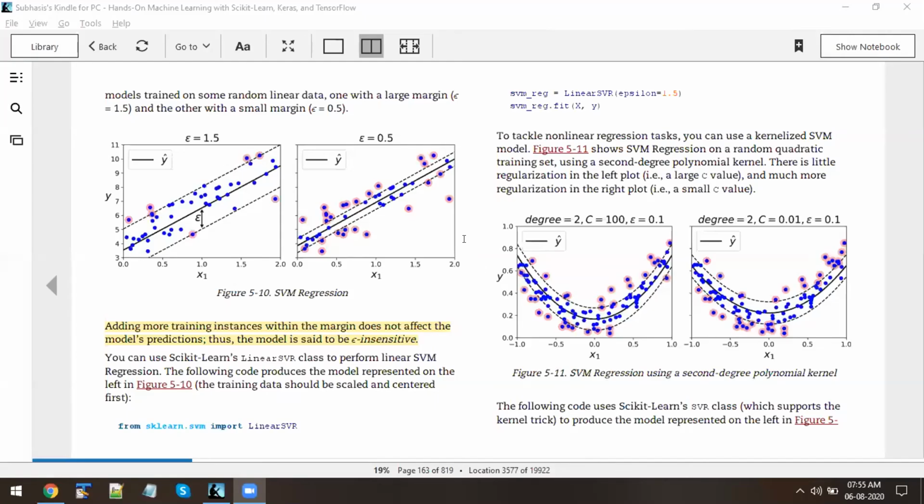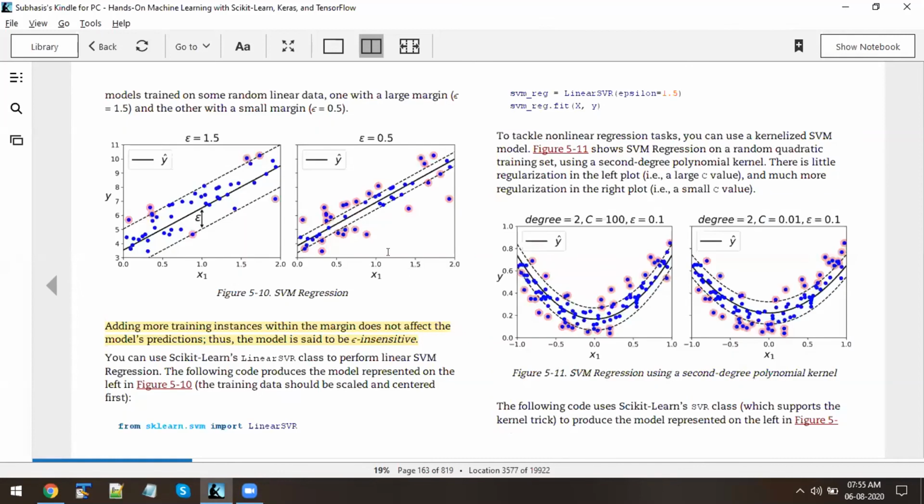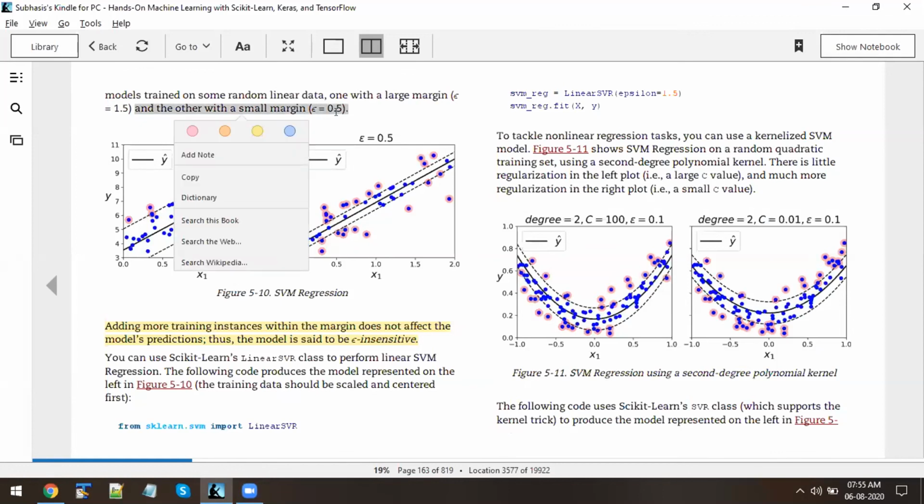Yes, so I guess you can see my screen. On the left hand side, he says in this associated text that the width of the street is controlled by a hyperparameter epsilon. The figure shows two linear SVM regression models trained on some linear data, one with a large margin where epsilon is 1.5 and another with a small margin where epsilon is 0.5.